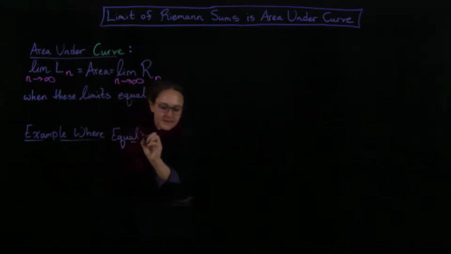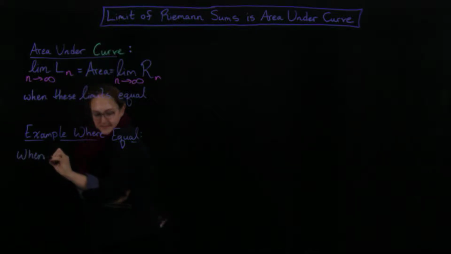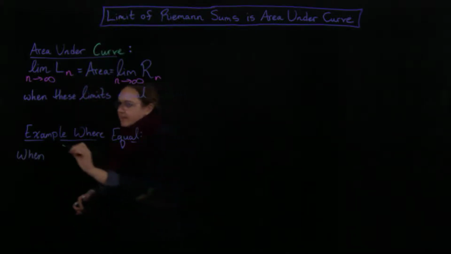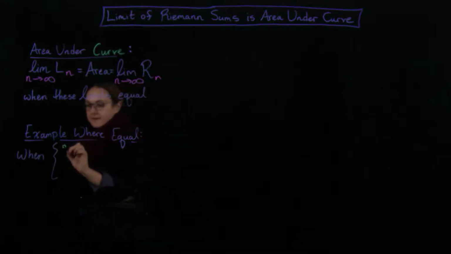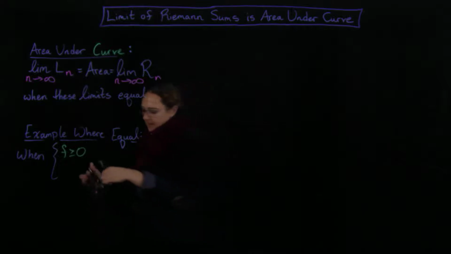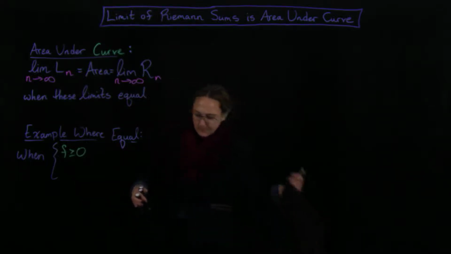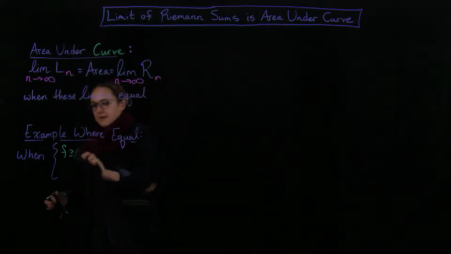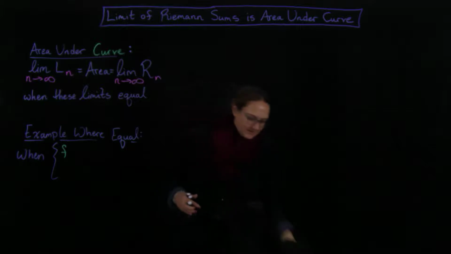This is going to be any time when we have a curve f that is greater than or equal to 0. I think it may not be clear what we mean when we say that a function is greater than or equal to 0.